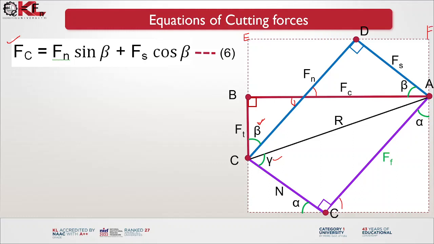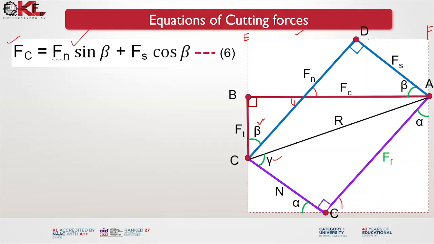Now from the triangles, CED is one triangle, and DF is another triangle. From this triangle, we can find out the side ED. Now this is the angle beta, and this is the hypotenuse Fn, and this must be equal to Fn into sine beta. So that is written here, Fn into sine beta, plus this DF.